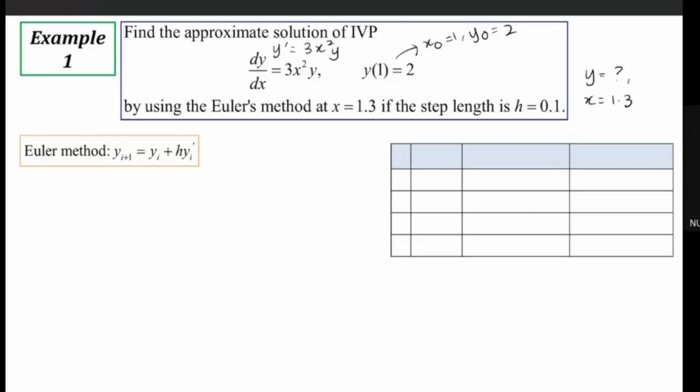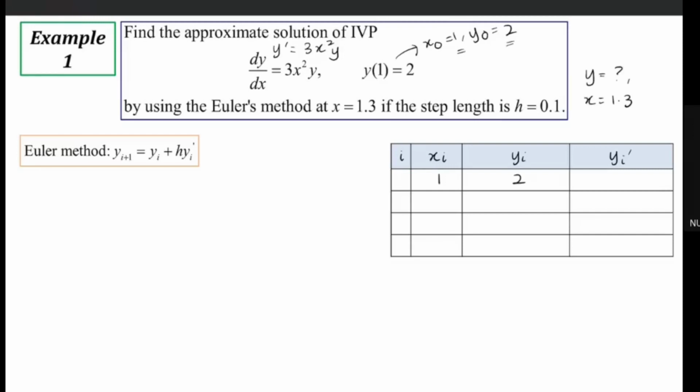Okay, you can draw a table like this. Put i, xi, yi, and also yi prime. And then first, you must determine the value of x here using h. The first x is from the initial value, which is 1, when y equals 2.